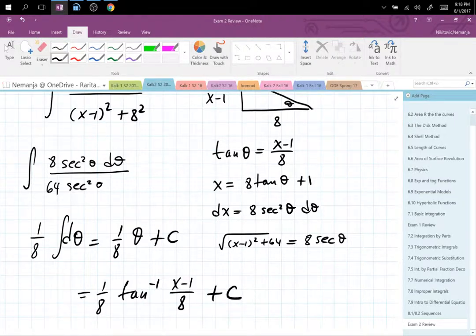You can skip all of this work and immediately, as soon as you're done with completing the square, write the answer if you know how inverse tangent works. So learning the inverse tangent formula helps you skip some of this work.